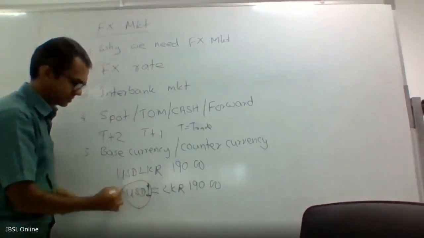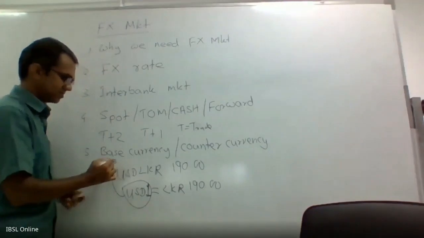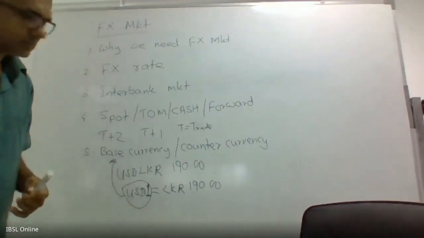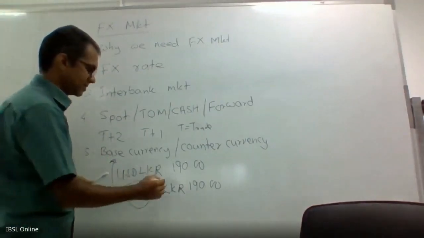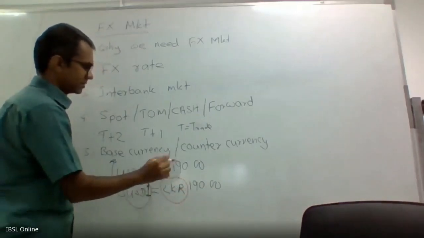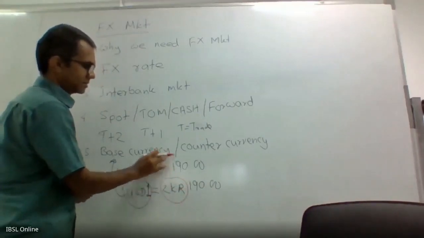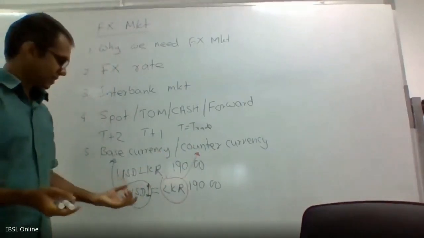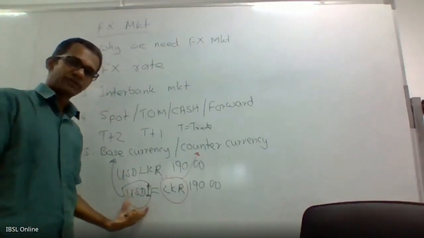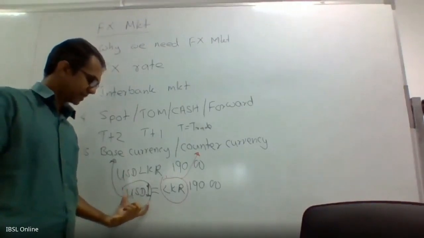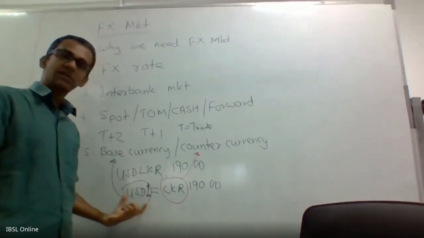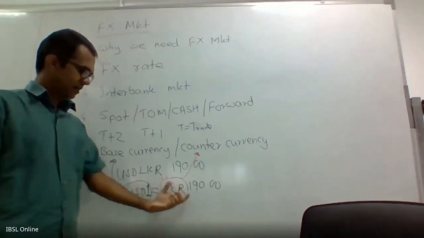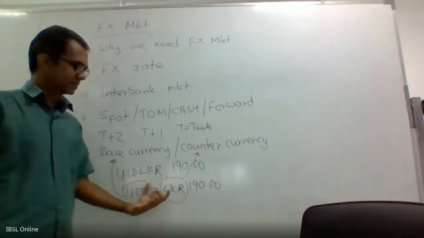So we call this dollar the base currency and LKR the counter currency. So whatever the currency we use 1 unit of, or the currency whose exchange rate we are going to express in other currencies, we call it the base currency.